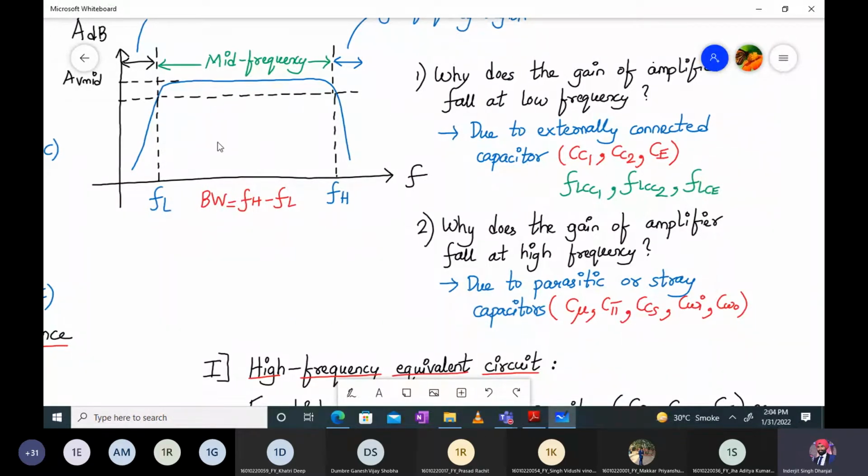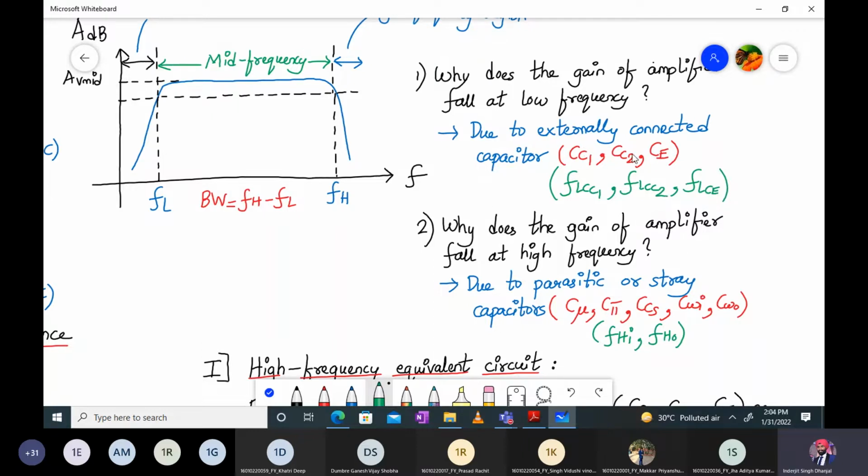And the gain falls at low frequency due to externally connected capacitors, CC1, CC2, and CE. So here we can additionally write over here, the cutoff frequencies are FHI and FHO. For low frequency response, they were FLCC1, FLCC2, and FLCE for BJT amplifier, right?